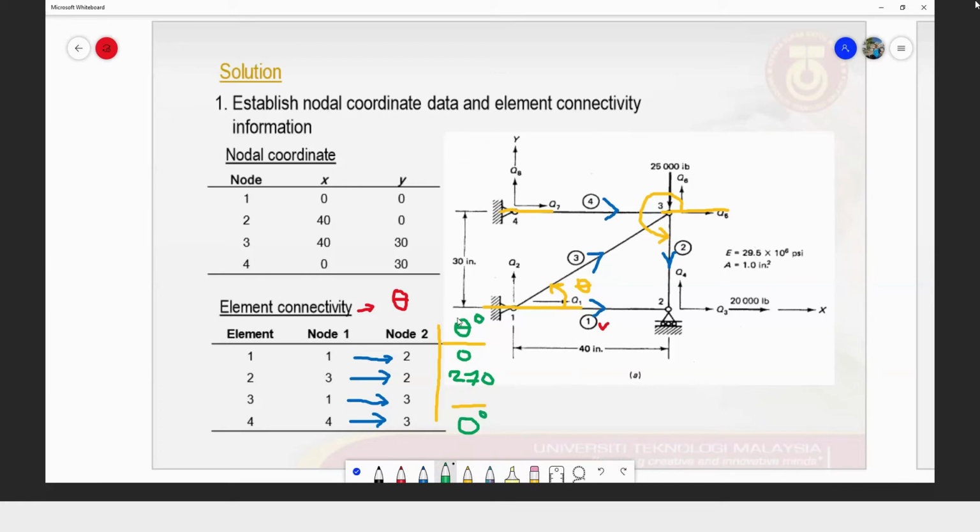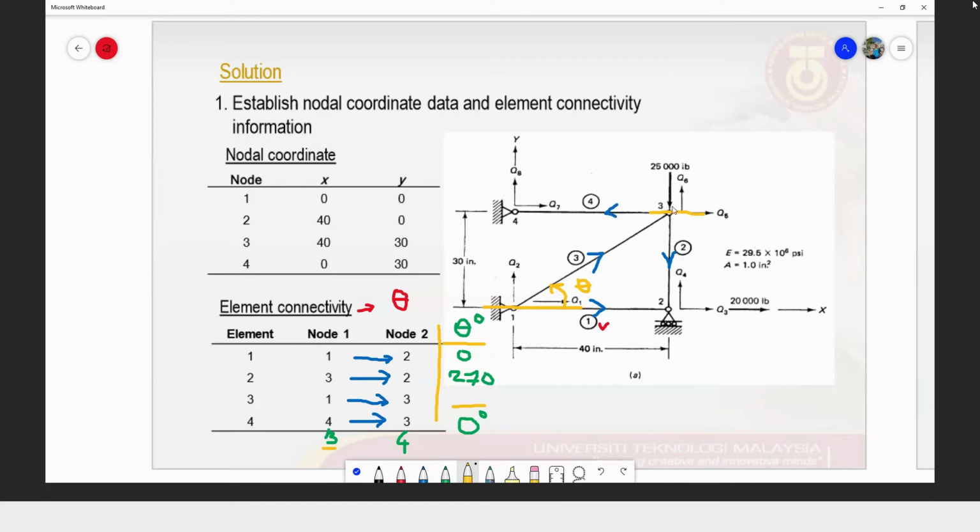But let's say I take one example. Let's say we change the element connectivity for element number 4, so that it is connected from 3 to 4. So what is our angle for this element number 4? Since the element starts at node 3, we make the reference axis at node number 3.